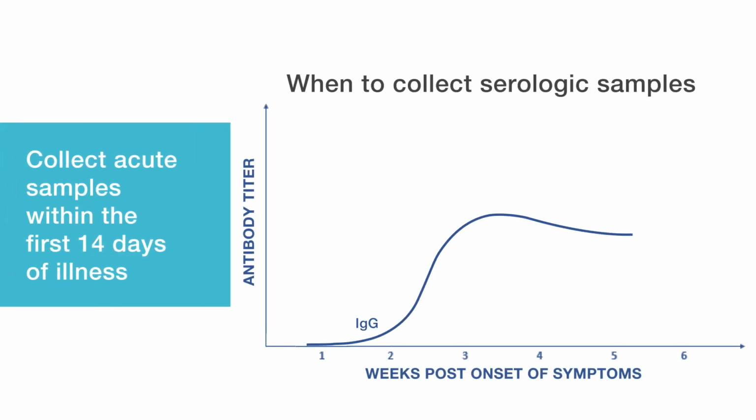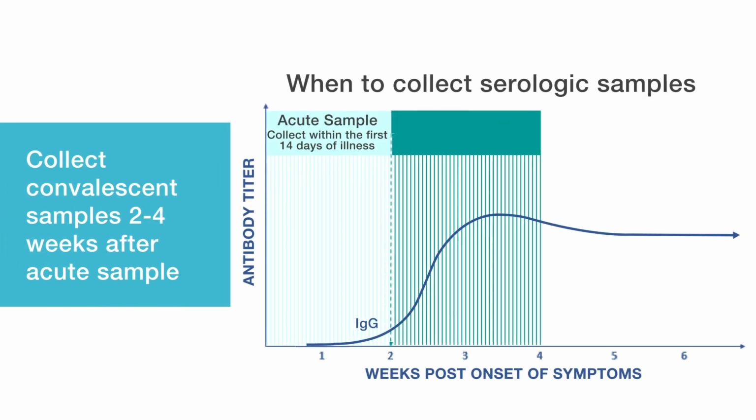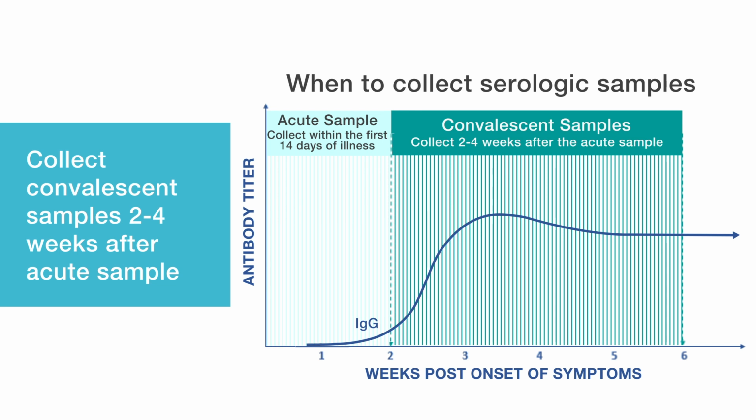Serologic tests performed on paired serum samples can confirm a recent infection. The first sample should be an acute serum, collected in the first 14 days of illness or while the patient is symptomatic. For best interpretation, convalescent samples should be taken 2 to 4 weeks after the acute sample.